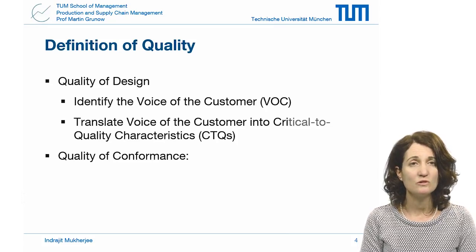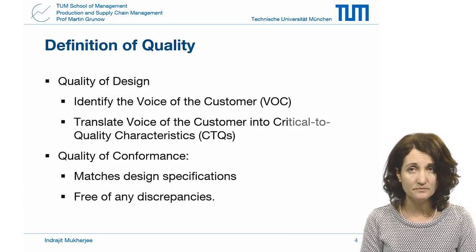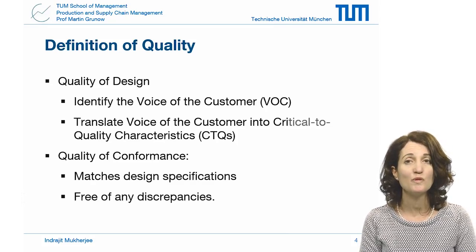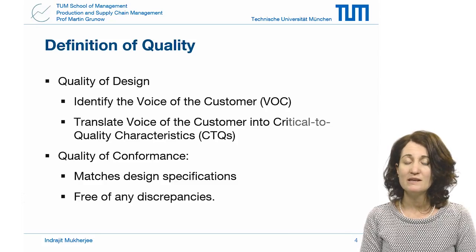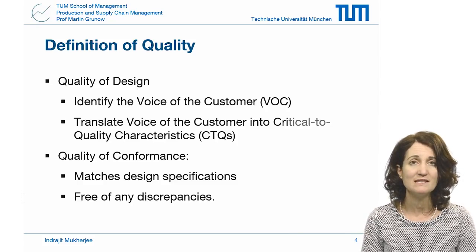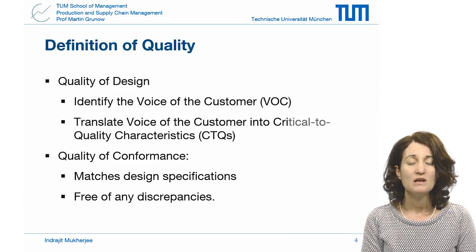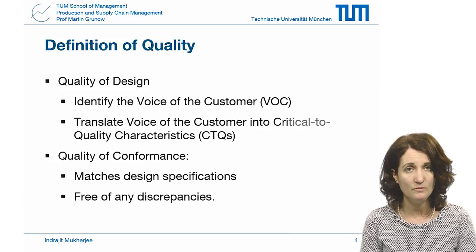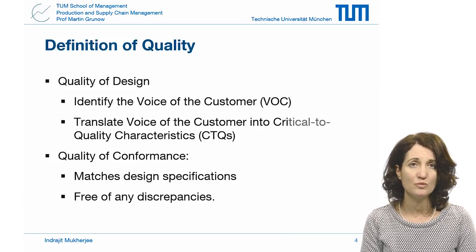Now, in order to assure conformance quality, we need to ensure that the outcome or the performance is what is specified by the design specifications for these CTQ parameters. So here we will use statistical techniques to control and to optimize our CTQ parameters.